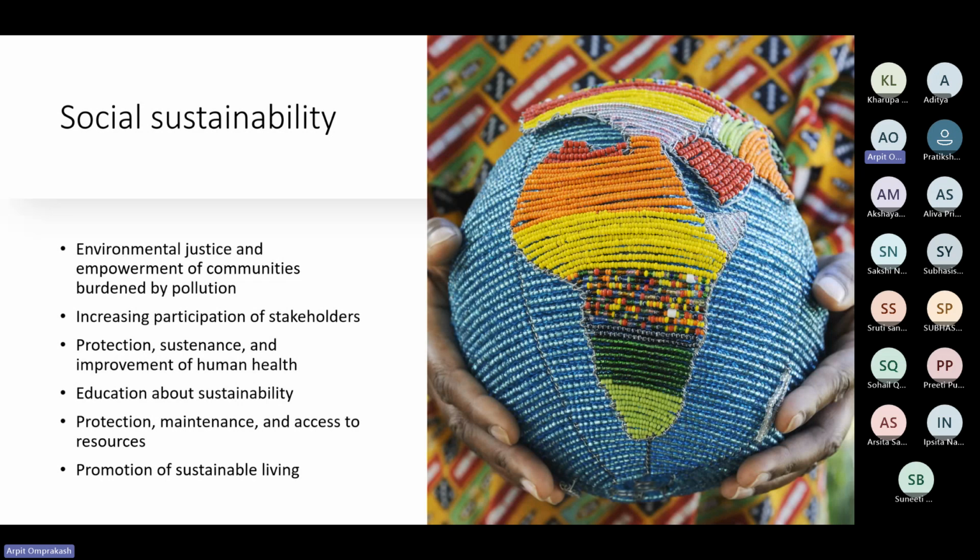So this is environmental justice and empowerment of communities burdened by pollution. Let's say pollution is affecting a certain population of humans or certain communities, then they should be given justice and empowerment. What does this mean? Let's say there is a lot of manufacturing going on in, let's say, China.